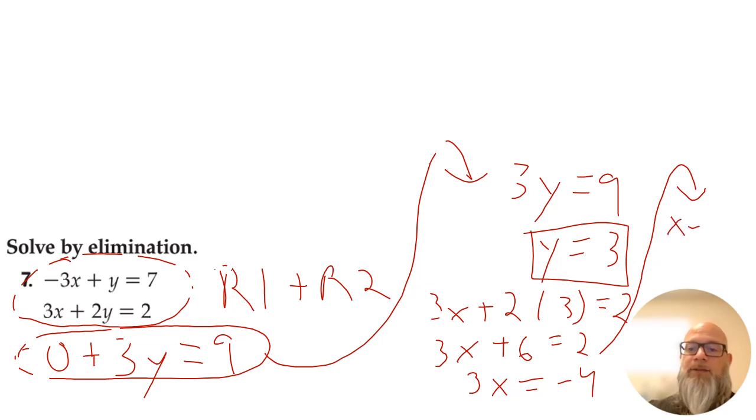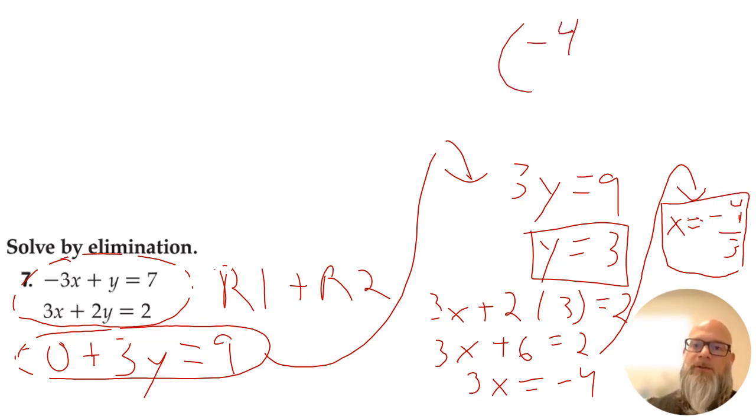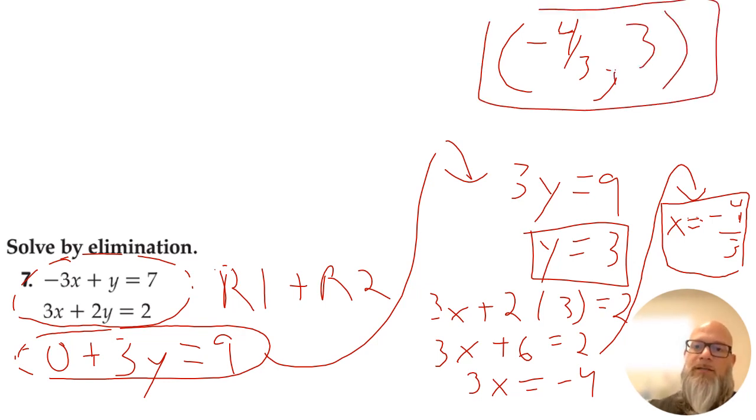Therefore, x is equal to negative 4/3. All right, so we got x is equal to negative 4/3. Therefore, what's my ordered pair? Negative 4/3, comma 3. That is the ordered pair that solves this system of equations using elimination.